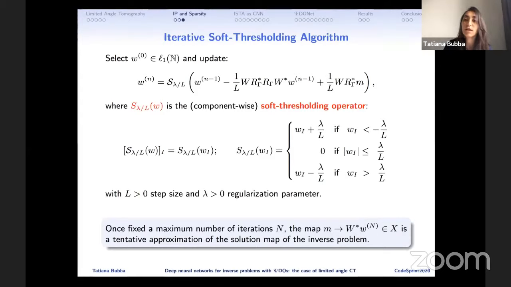This gives an iterative algorithm where, given an initial approximation of the wavelet coefficients, we update the coefficients by applying this iteration.